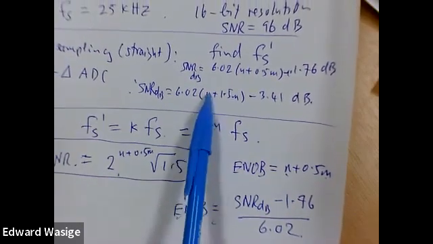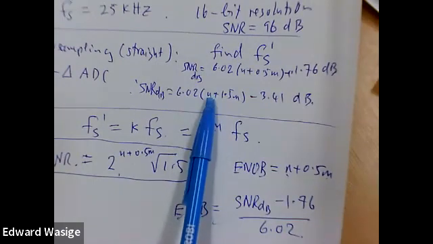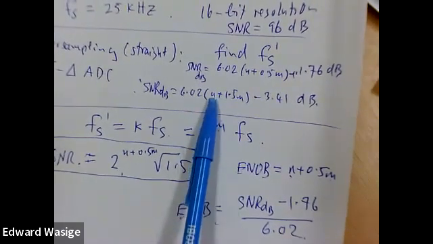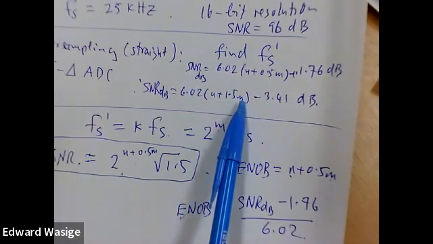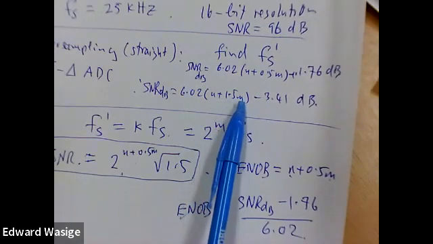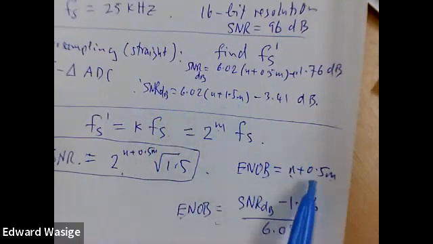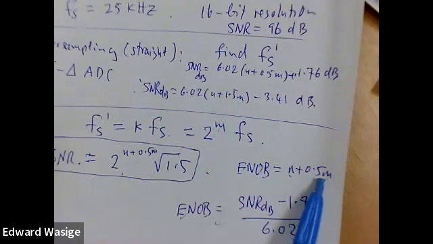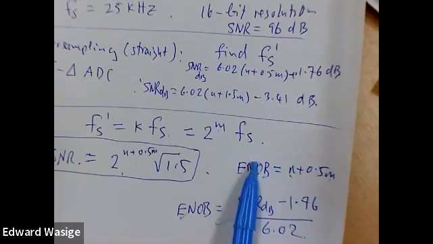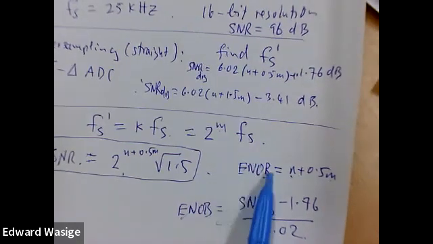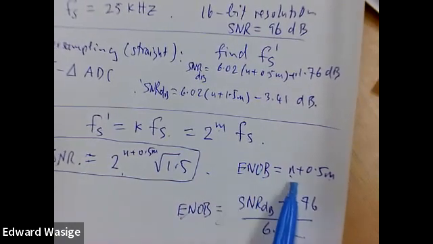And the effective number of bits for the sigma delta is equal to n plus 1.5 m. So the first one, m is equal to 30. So n is equal to 16. Effective number of bits is equal to 16.